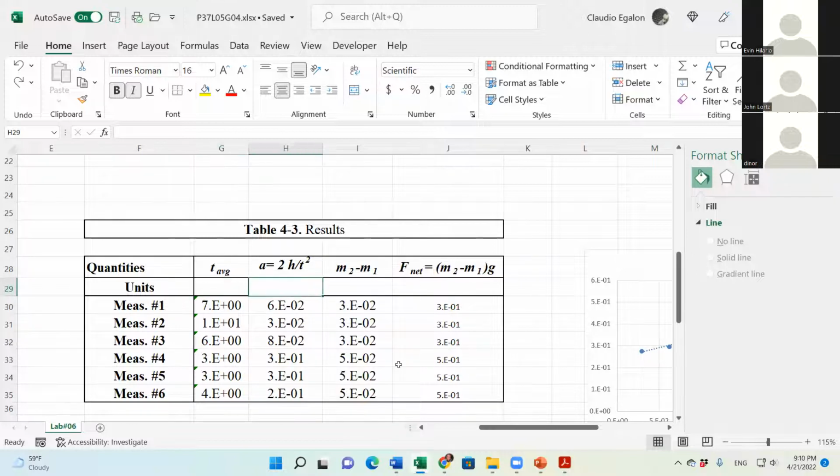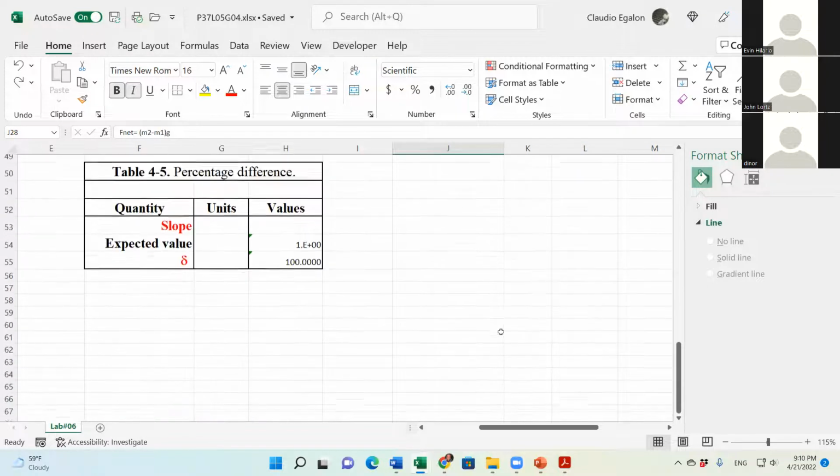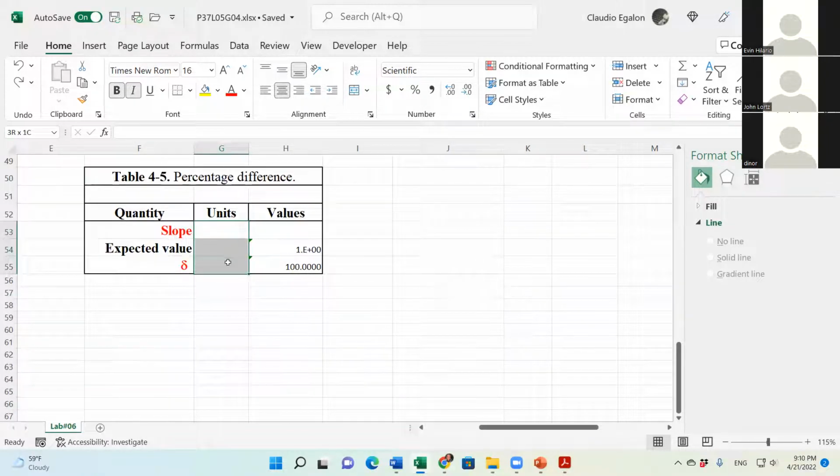What's the unit for the acceleration? What's the unit for M1 minus M2? And what's the unit for the net force?